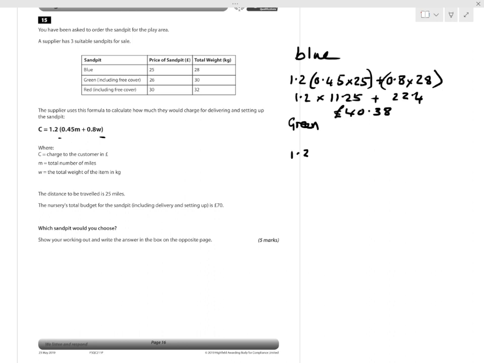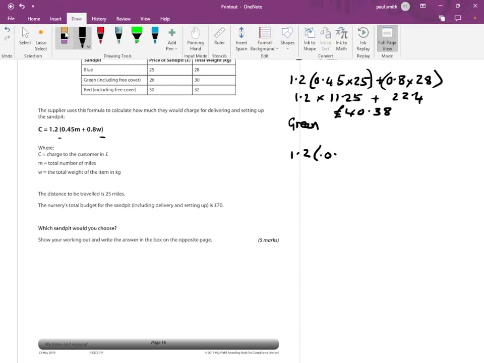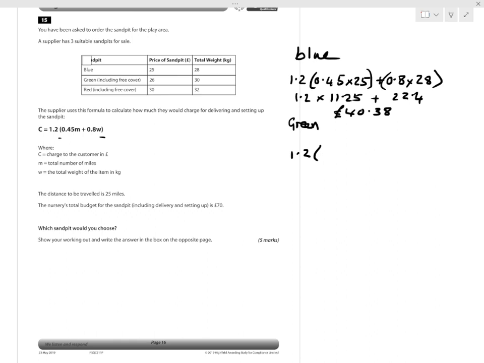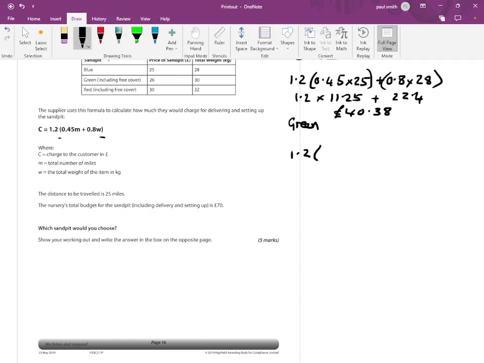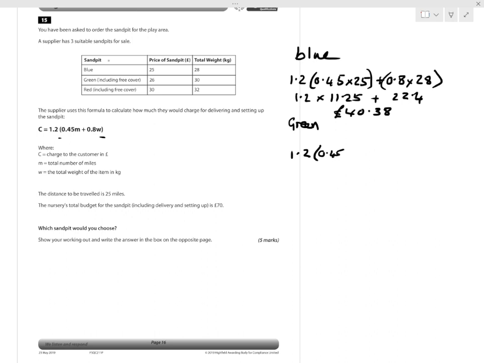Now the green one is 1.2, 0.45 times the miles, 26, plus 0.8 times 30 this time.